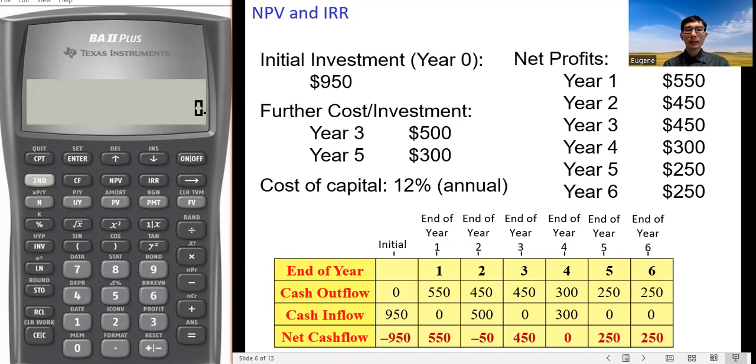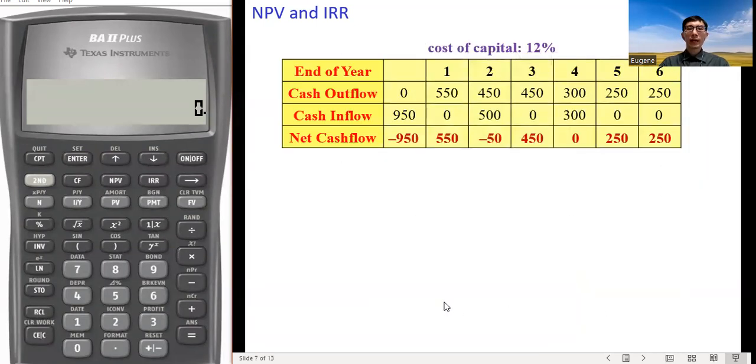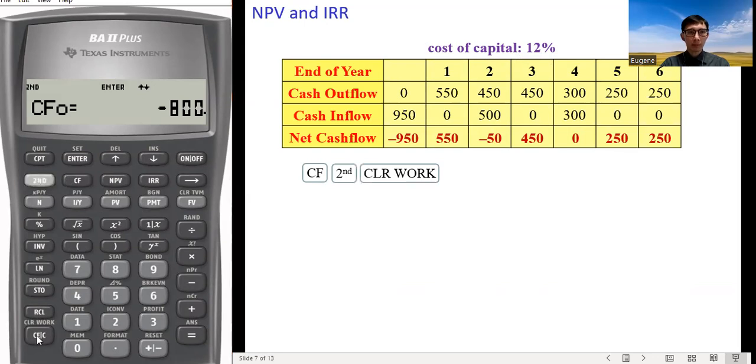All right, so key in the value into the calculator. Activate the cash flow worksheet. Clear all the previous memory if necessary. And then key in the cash flow amount of negative 950 for CF0. Negative 950.